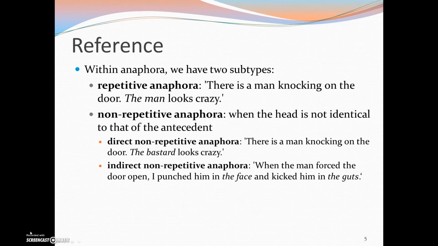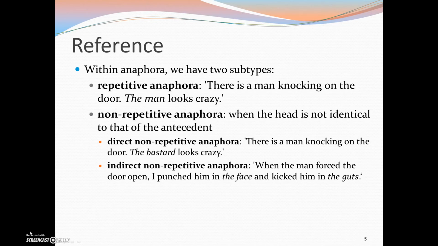We also have indirect non-repetitive anaphora. So this is when the antecedent provides the background for the referent of the referring nominal expression, but the nominal expression does not refer to it directly. So if I say, "When the man forced the door open, I punched him in the face and kicked him in the guts." Here we want to look at the face and the guts.